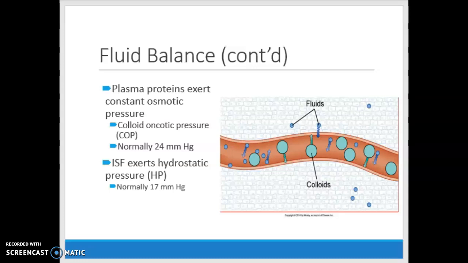So how can I think of it in an easier way? Well, think of it like this. Colloid oncotic pressure pulls fluids into the capillaries or keeps it from leaving, whereas hydrostatic pressure pushes fluids and solutes out. The hydrostatic pressure is normally around 17 millimeters of mercury.